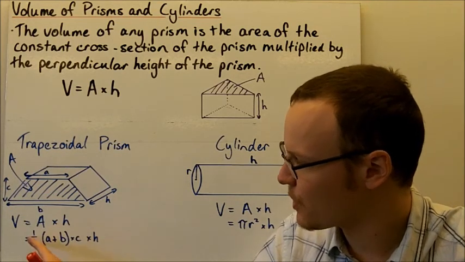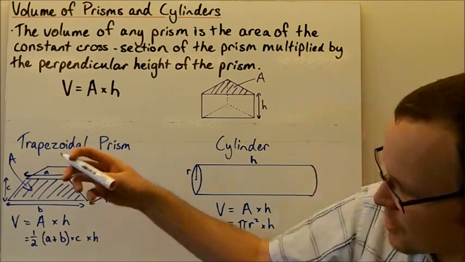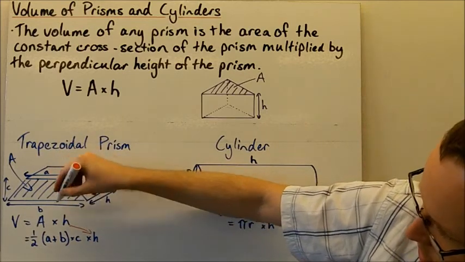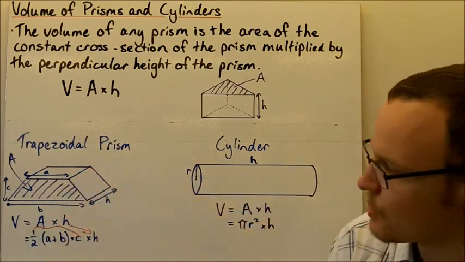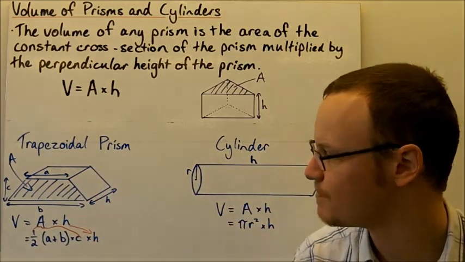And we multiply all of that area by H. So this H here just carries down, and this whole thing here is the area of that trapezoid.